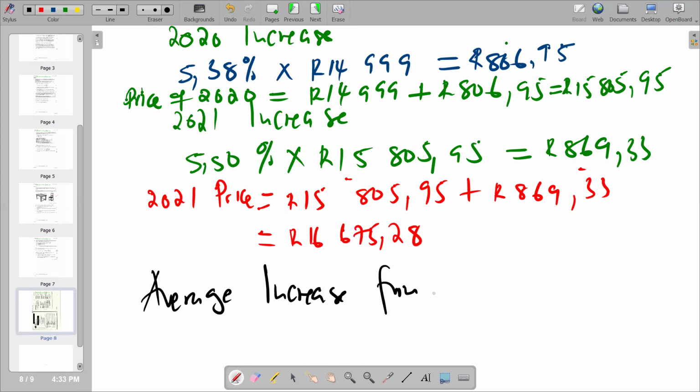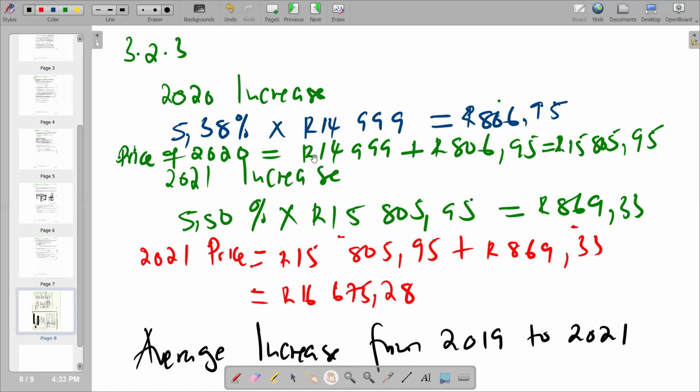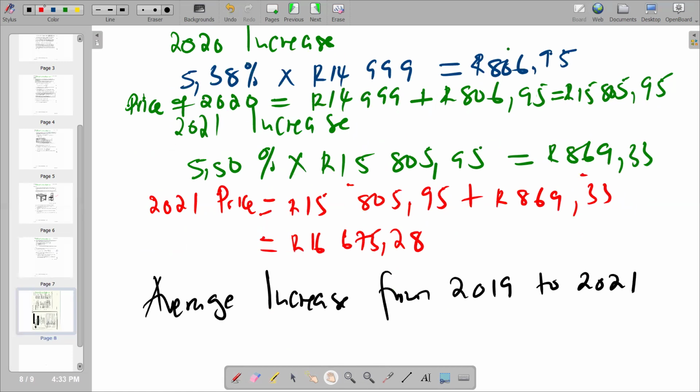The increase from 2019 to 2020 we got as 806 rands 95 cents.